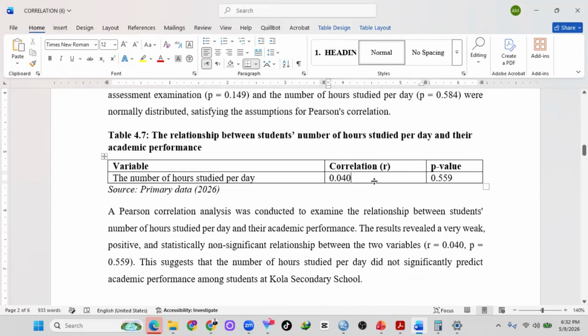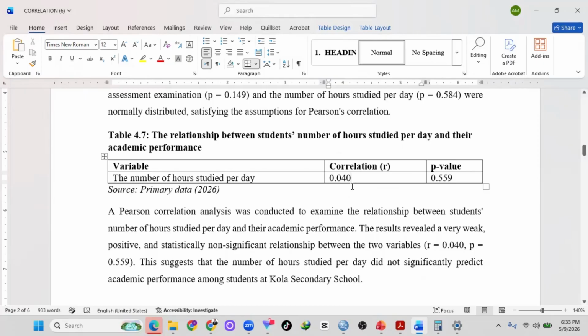0.040. What does this tell you? Okay, you remember, what does that tell you? So we see that the correlation coefficient of 0.04, and then we have a p-value of 0.5. So the correlation coefficient is 0.04. It is very close to zero.